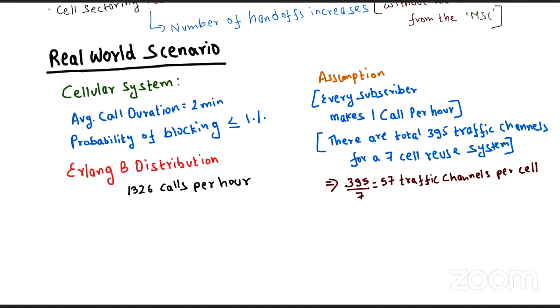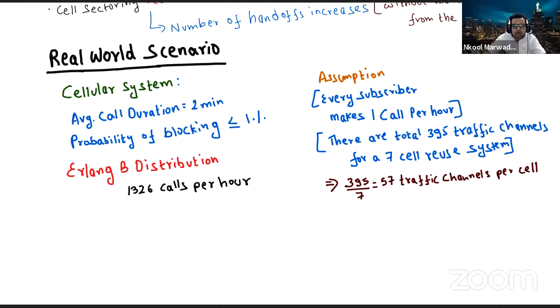Now if we take 120-degree cell sectoring, then see what will happen. We know that in 120-degree cell sectoring, every cell will be divided into 3 sectors.